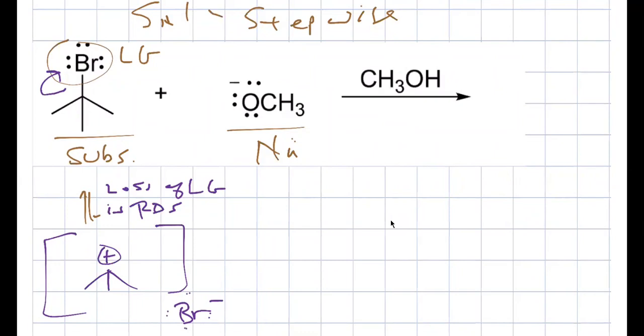And then your nucleophile, which in this case is OCH3 minus, is going to come in and attack that. That step does not affect the rate.